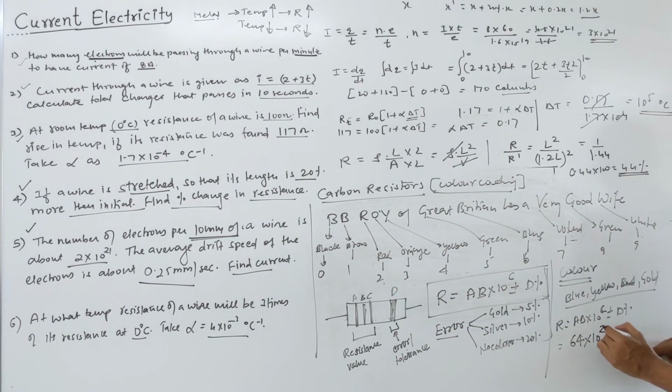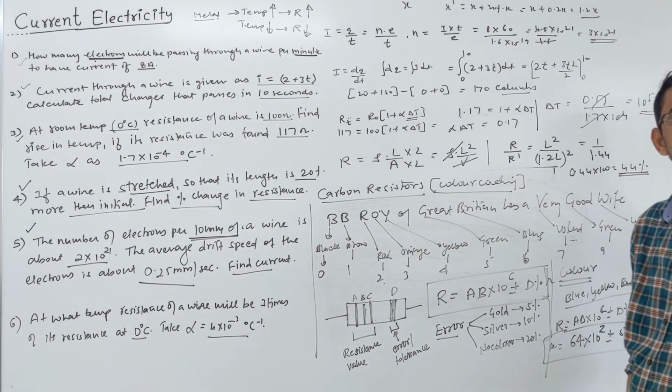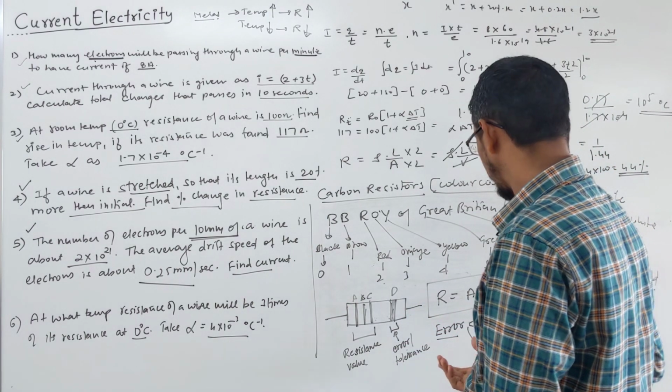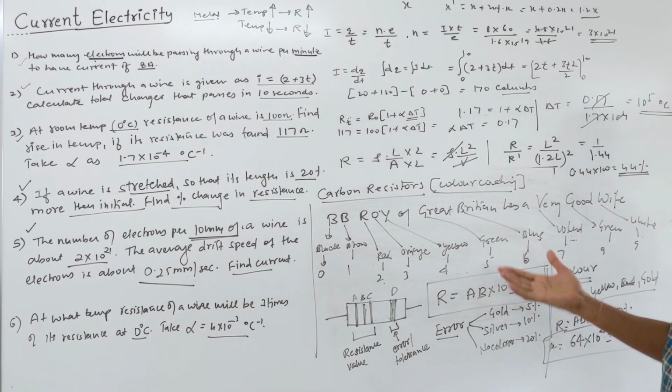So this is 10 power 2, plus minus D. Gold has 5% error. So this value in ohm is your answer, right? That's the resistance of your given carbon resistor. So this is very simple. They never ask it in the exam, still it is here.